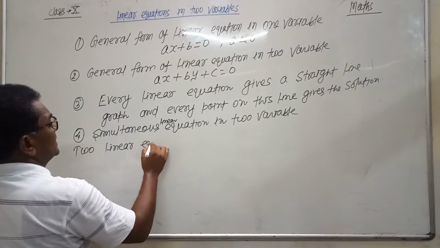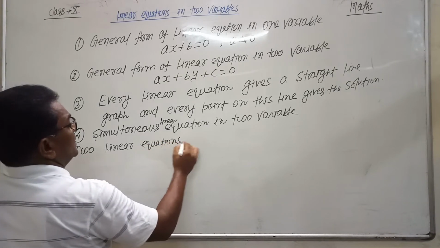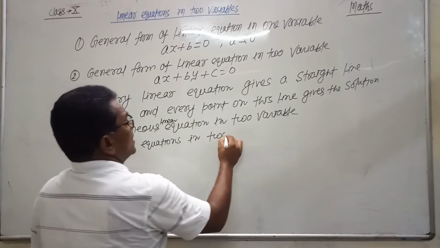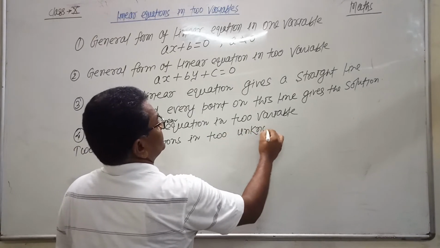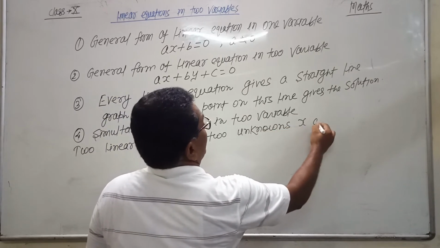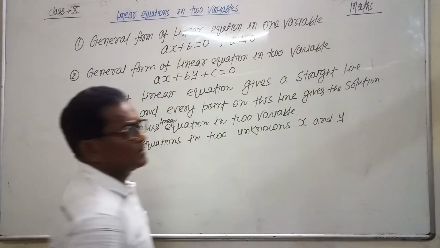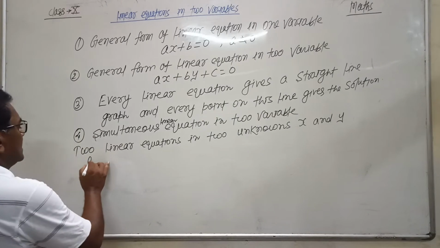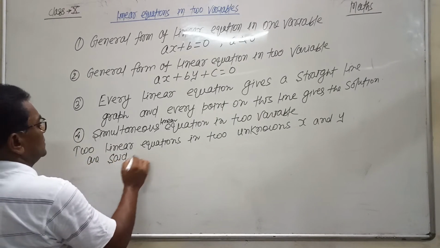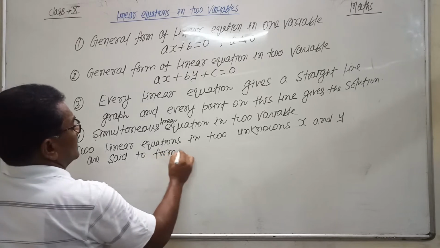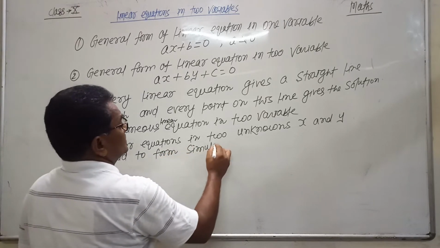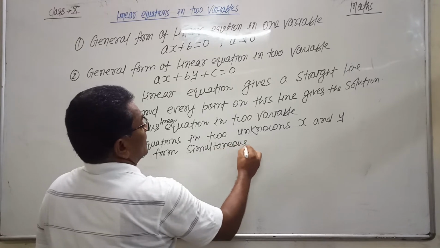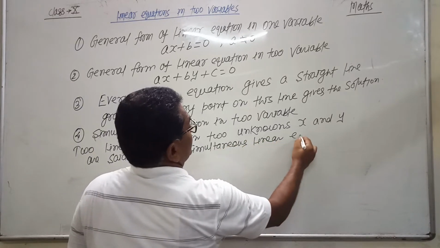Two linear equations in two unknowns x and y. Suppose there are two linear equations in which x and y are unknown, they are said to form simultaneous linear equations.